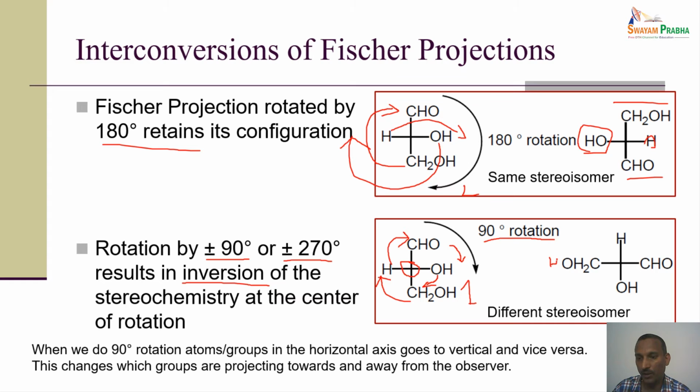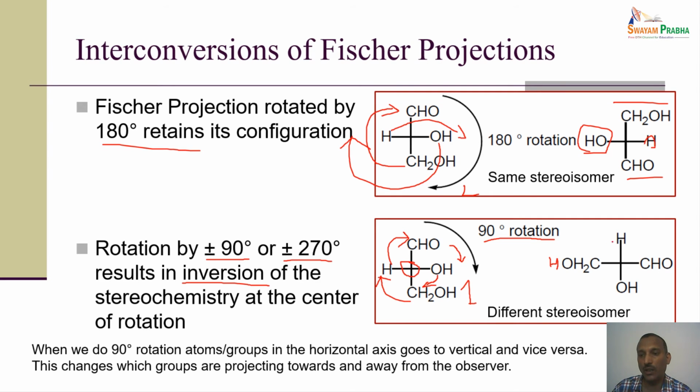Here the H is missing, so I just wrote that H here. So it is basically the CH2OH group here. In this particular case, the 90-degree rotation gives a different stereoisomer. Why do we say this is a different stereoisomer?